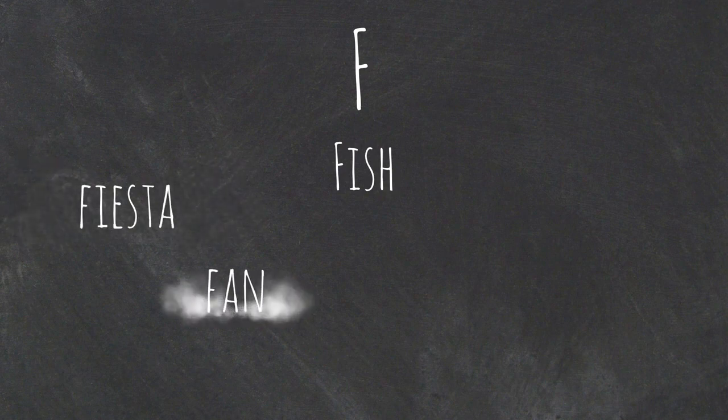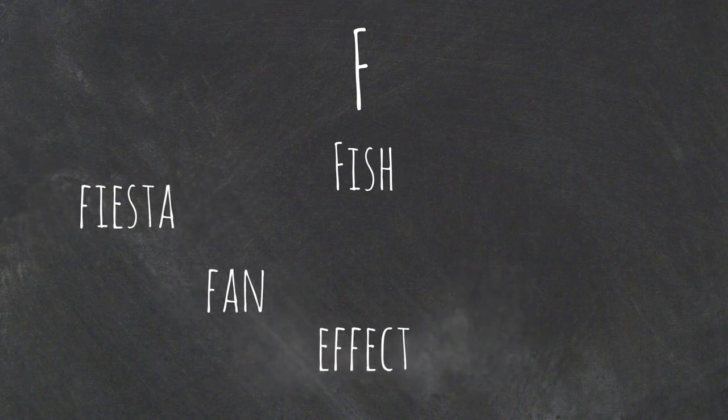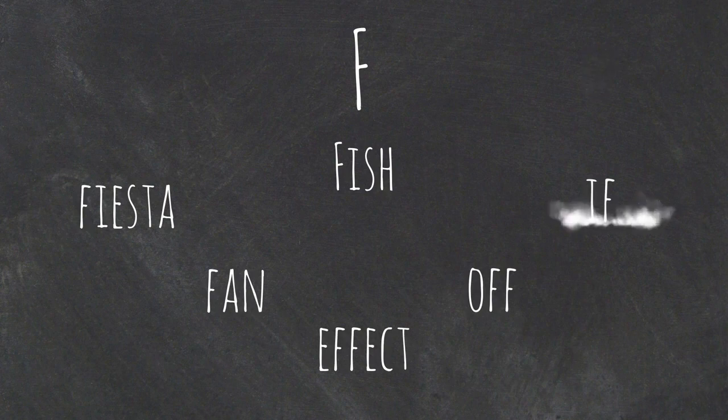Let's start with F. When we're thinking about F, most of the time we can think that it represents the sound we hear at the beginning of the word fish. We see this in words like fiesta, and fan, and effect, and off, and if. So, given all of these words, it would seem that F is pretty regular. But here's a wrench: the word of.